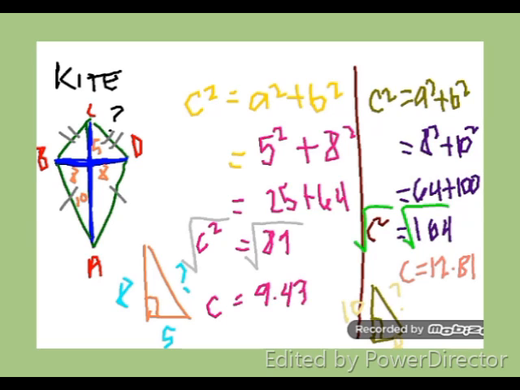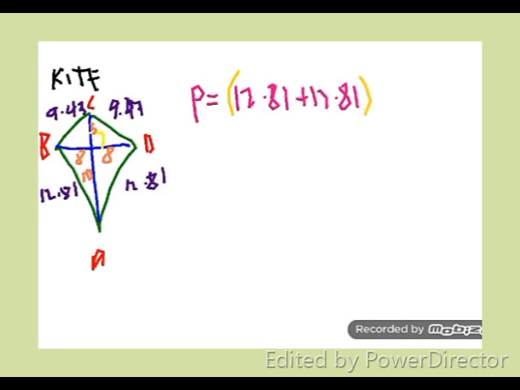Yan. Pag nakuha mo na lahat ng value ng hypotenuse ng kite na yan, maaari mo na ring makuha yung value ng perimeter ng kite. Ang gagawin mo lang ay ipag-a-add mo lahat ng value ng hypotenuse na kuha mo at yun ang magiging perimeter.